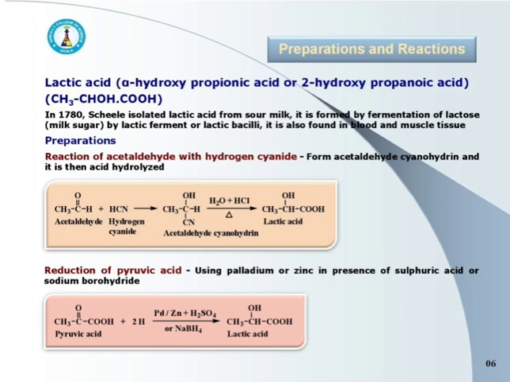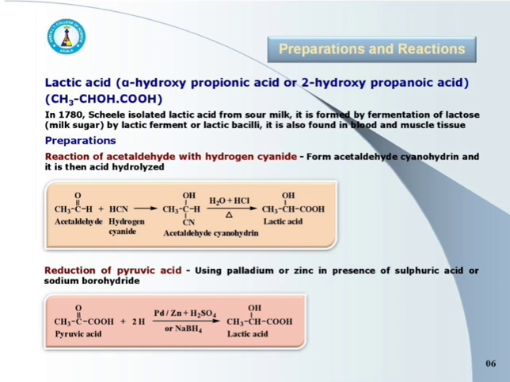Secondly, lactic acid can be prepared by reduction of pyruvic acid. Pyruvic acid on reduction using palladium or zinc in presence of sulfuric acid or sodium borohydride gives lactic acid.